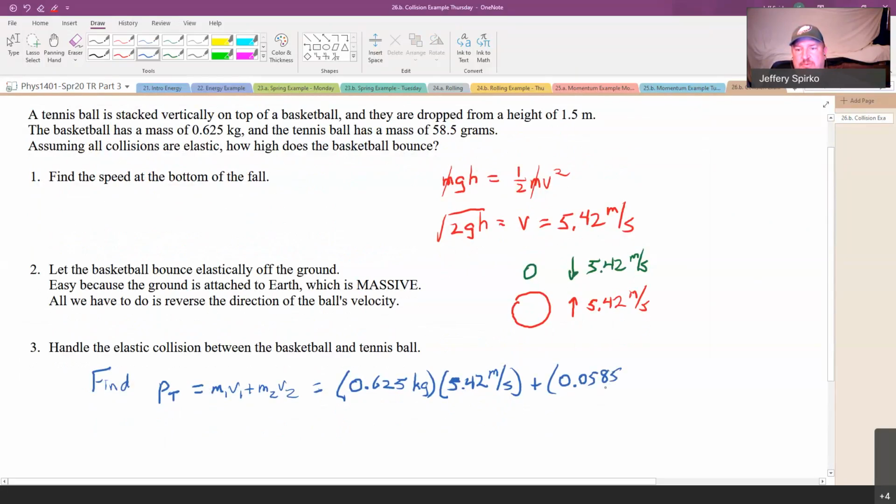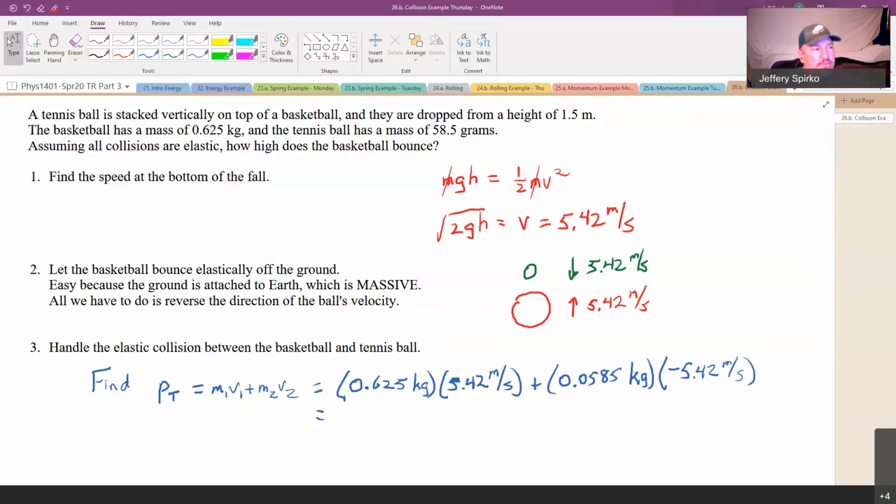So the decimal point moved 1, 2, 3 places to turn grams into kilograms. And its velocity is minus 5.42 meters per second. So we have some upward momentum from the giant basketball and some downward momentum from the little tennis ball.